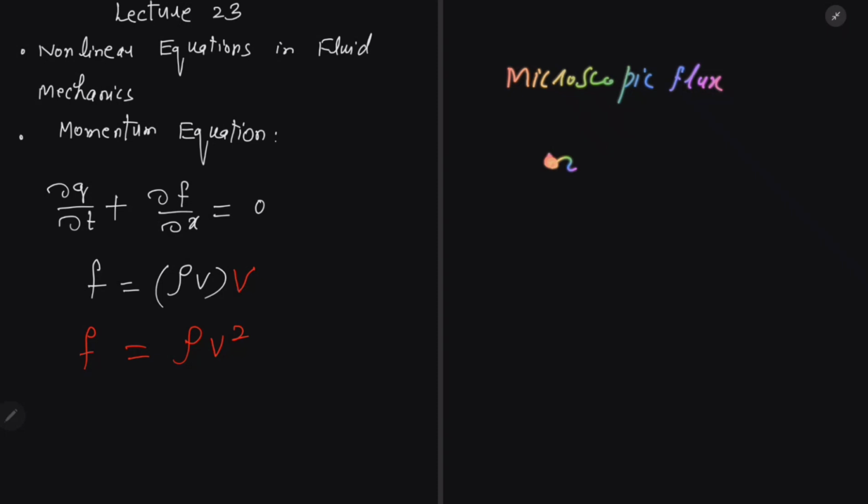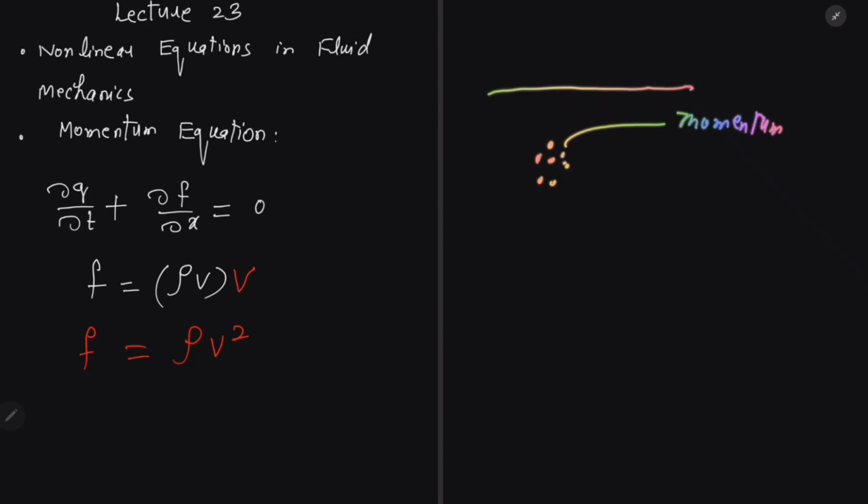Momentum is generated when there is molecular imbalance, and then the larger molecules make an impact. So there is a momentum due to the pressure, and there is a momentum due to the velocity of the fluid as well.